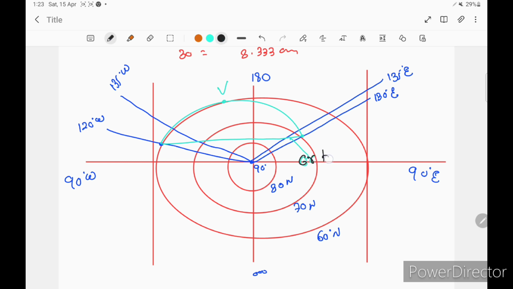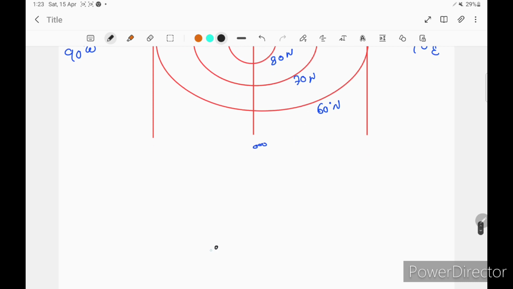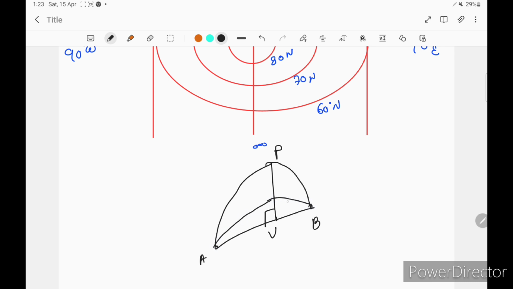This is the great circle track, this is the composite track, and if you say this is A and this is B, this vertex, this pole, this is the great circle track and this is the composite track.